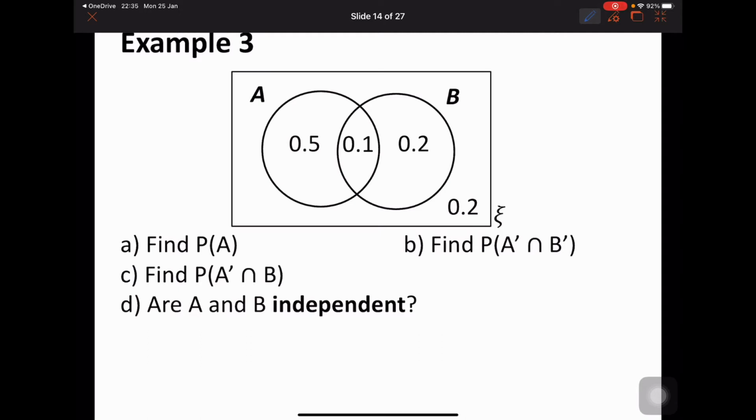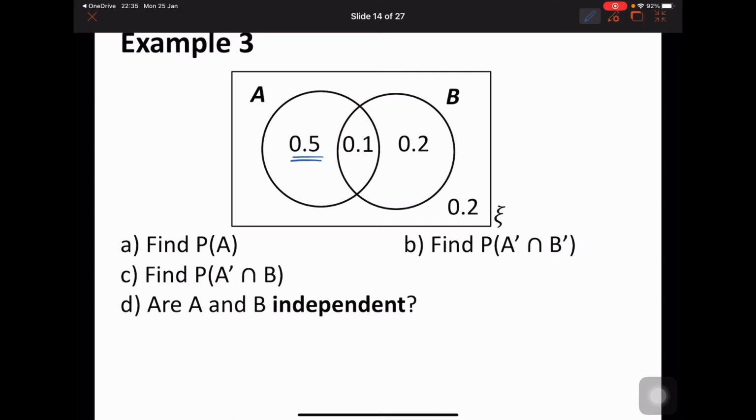Alright, so here we have example 3. You could try to answer this by yourself. If not, just continue playing the video and watch how I answer it and make notes. Find the probability of A, so 0.5. On this question it's slightly different.